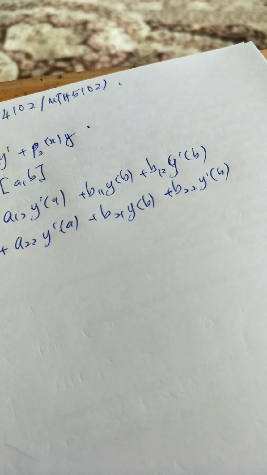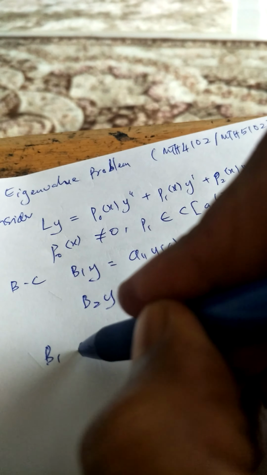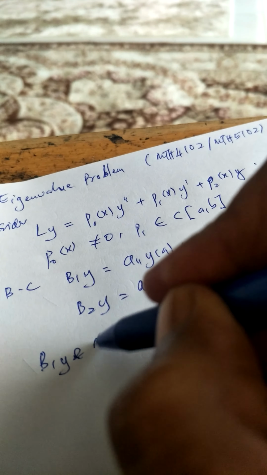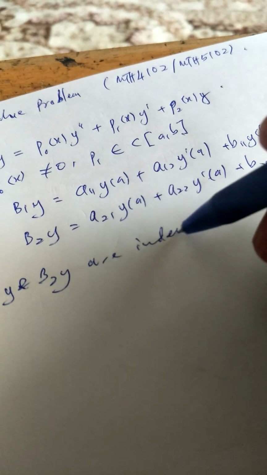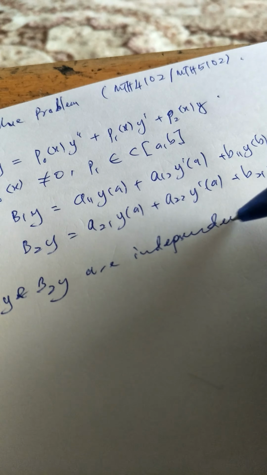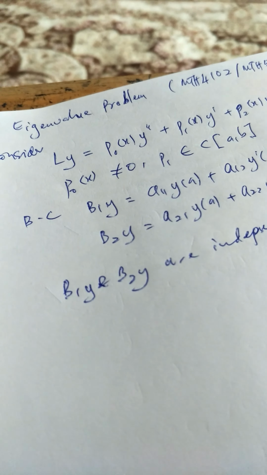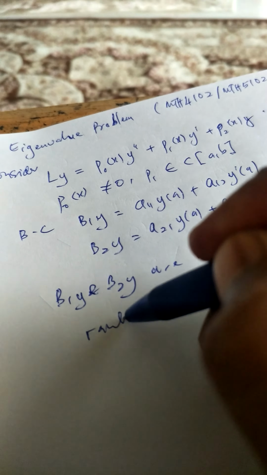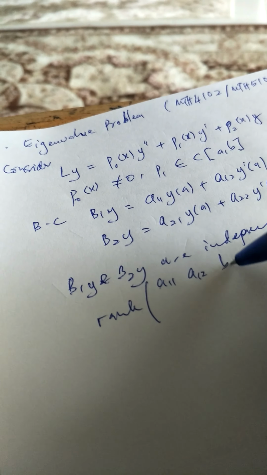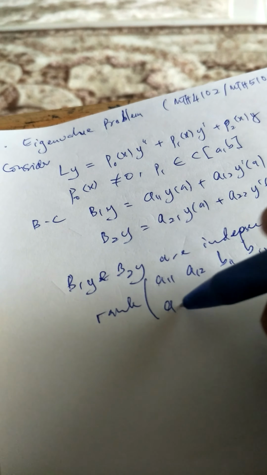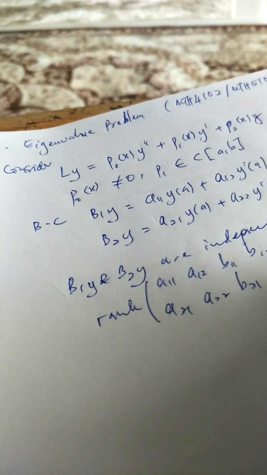B1 and B2 are independent, and the rank of those coefficients A11, A12, B11, B12, A21, A22, B21, B22 is equal to 2.